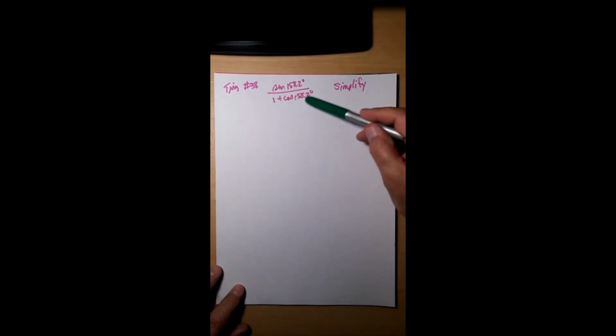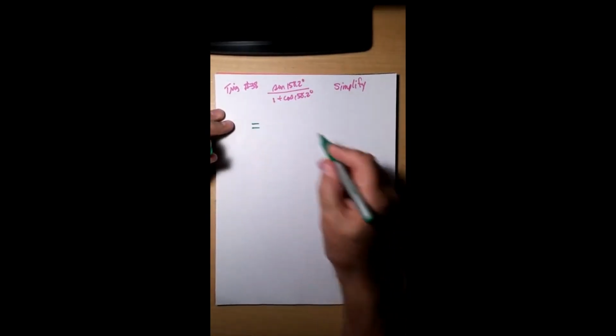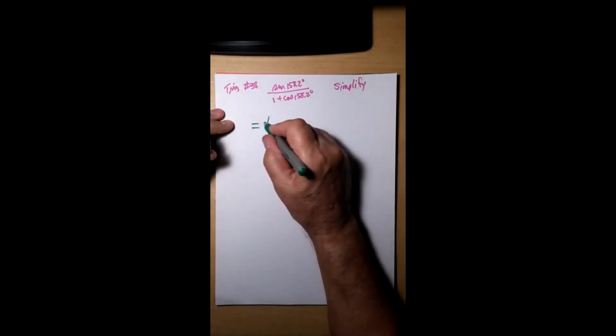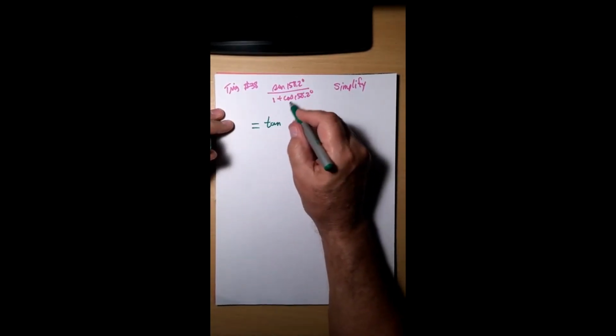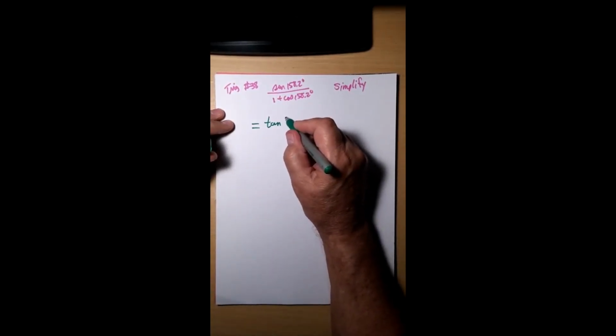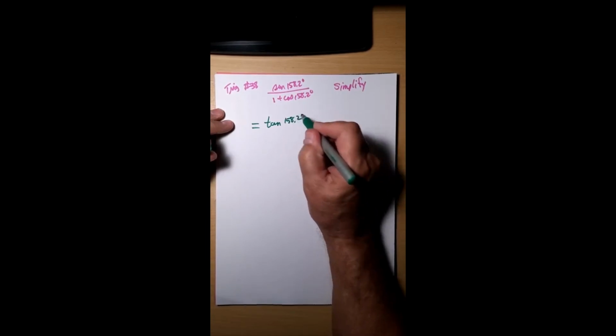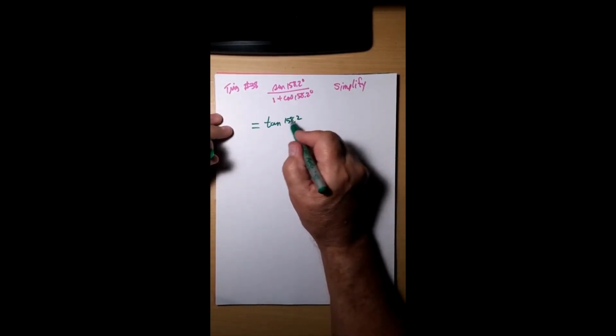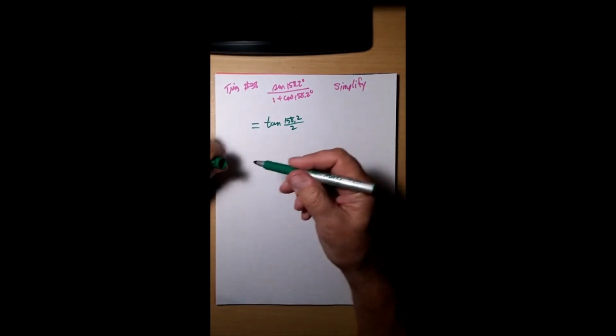Trigonometry, section 5.6, problem number 38 as an example. We've got this expression, and we're supposed to simplify it. Well, when you look at that, you realize that this is an identity. It is equal to the tangent of the half angle. This is 158.2 over 2.